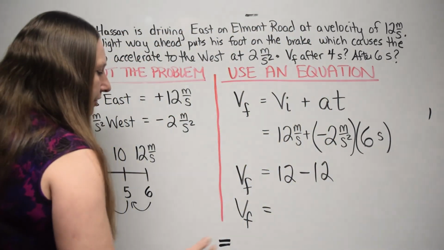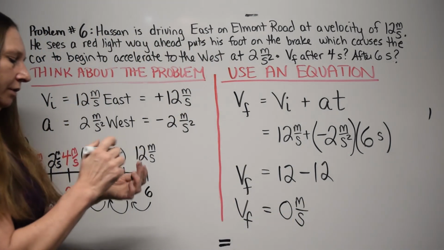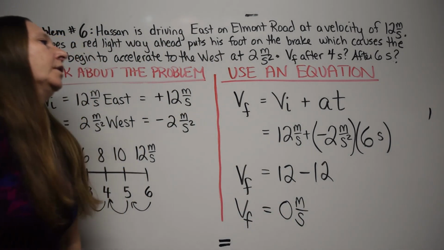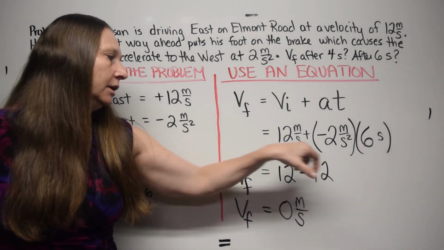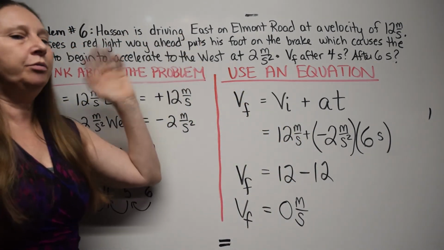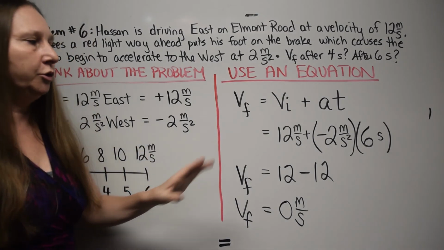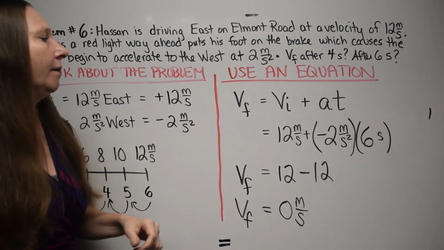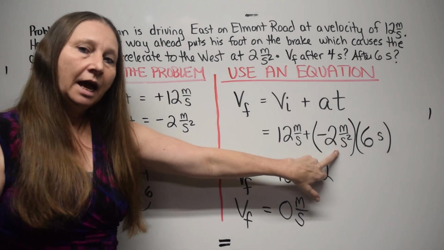Your final velocity here is 0. So again, the reason we had to worry about positives and negatives in an equation is because in the problem, we had 2 different directions that we're trying to put into the same equation. So east has to be positive, west has to be negative.